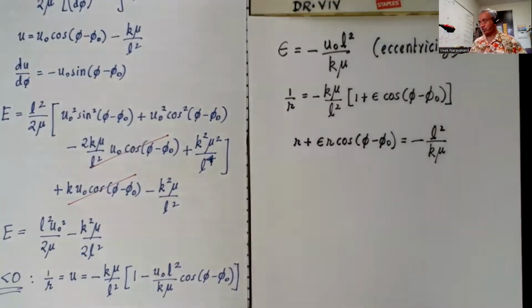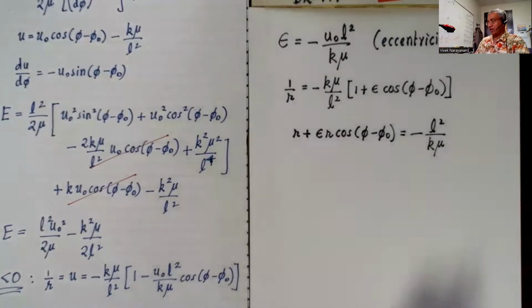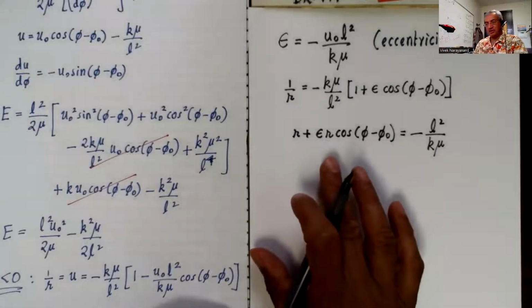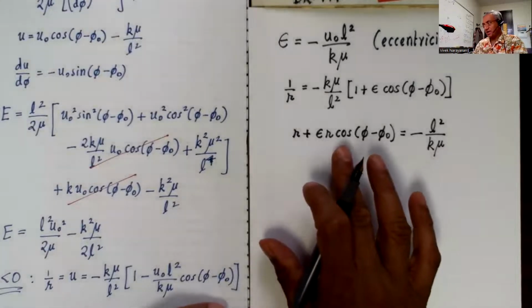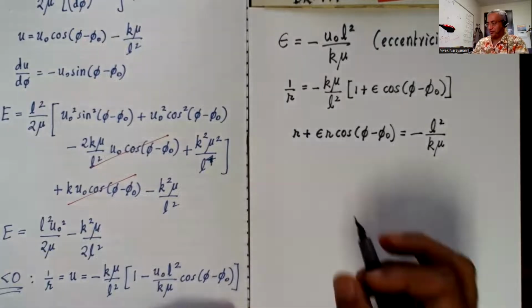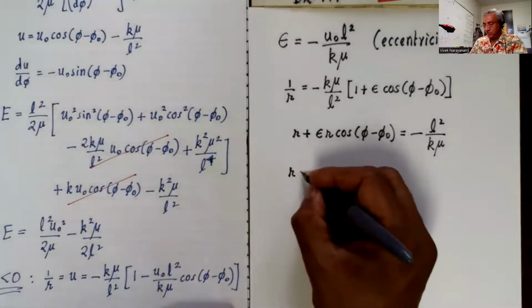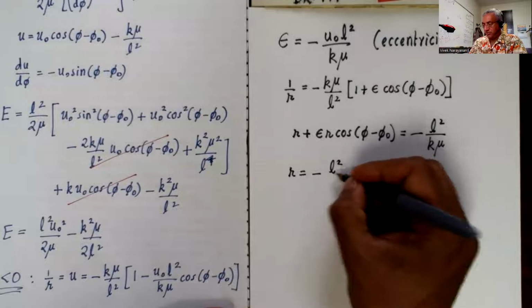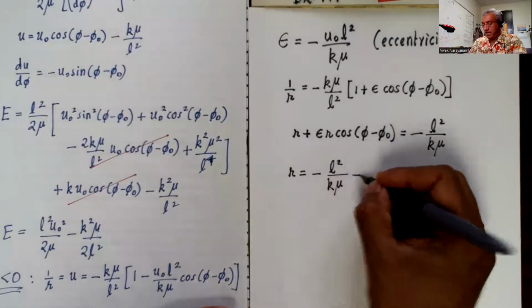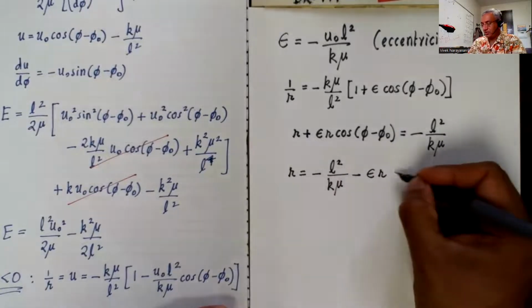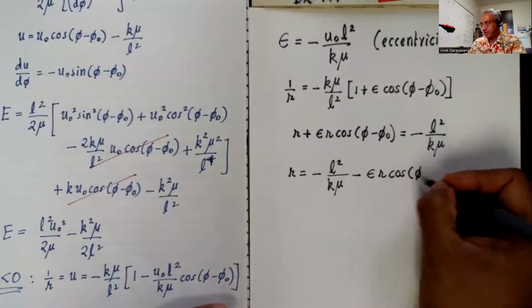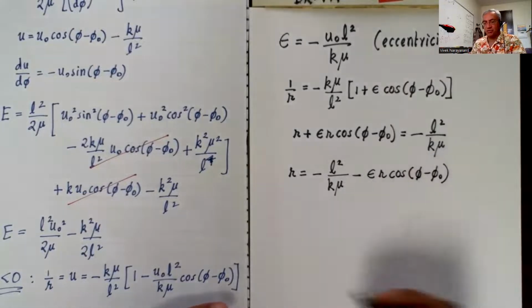So we have to do more honest labor, and that honest labor is going to take the form of squaring both sides. But if I square now, I'll end up in trouble. So I'll take this to the right side and then square. I'm going to get r equals negative L squared over k mu minus epsilon r cosine(phi minus phi naught). And now I'll square.